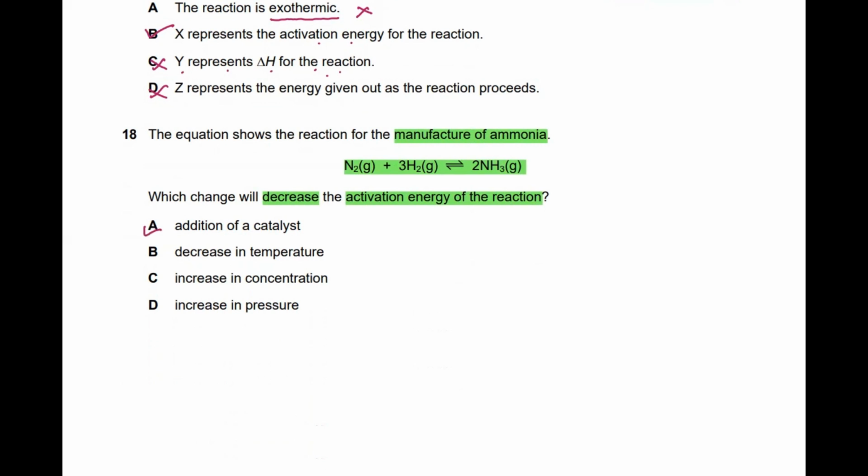A catalyst always lowers the activation energy by giving an alternate pathway. So we have the correct answer A. None of the other options relate to a decrease in activation energy.